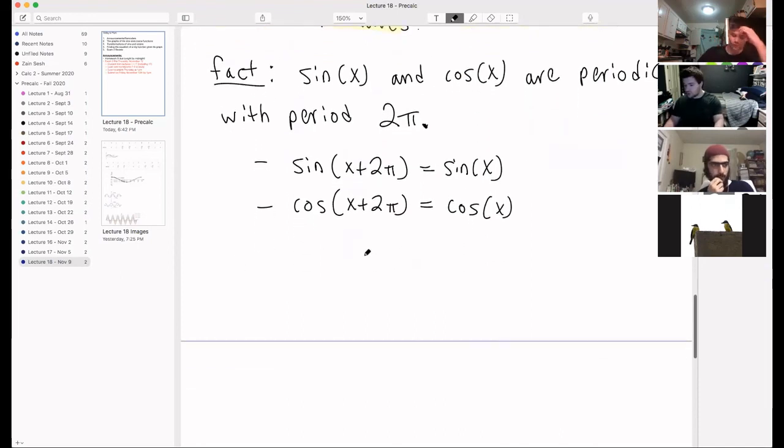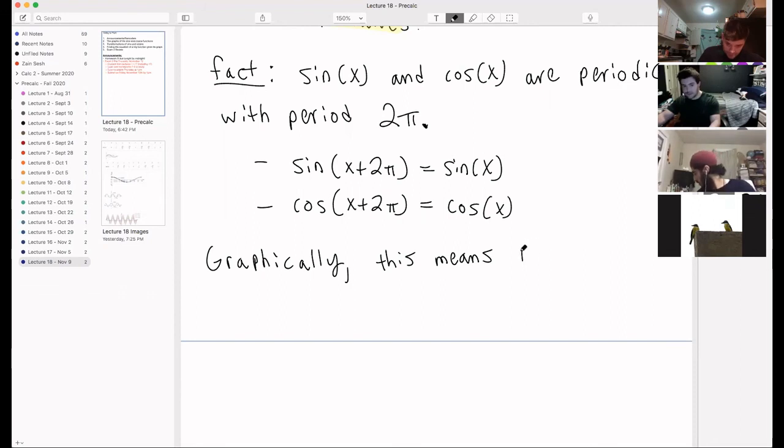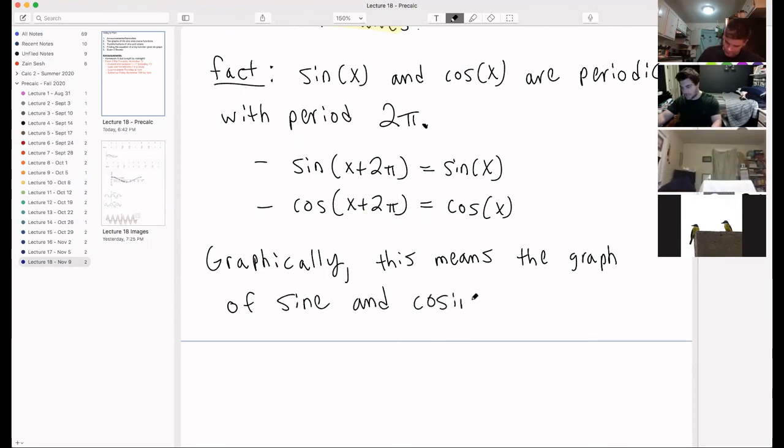Okay, so graphically, what does this mean? Graphically, this means the graph of sine and cosine will repeat every 2 pi units.